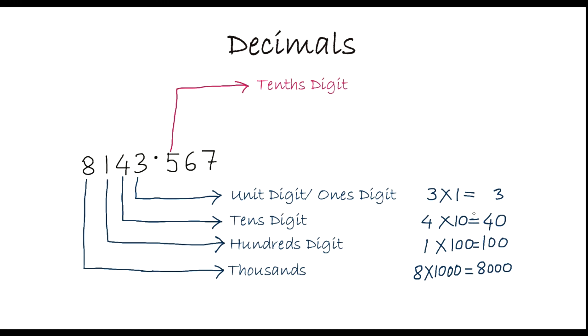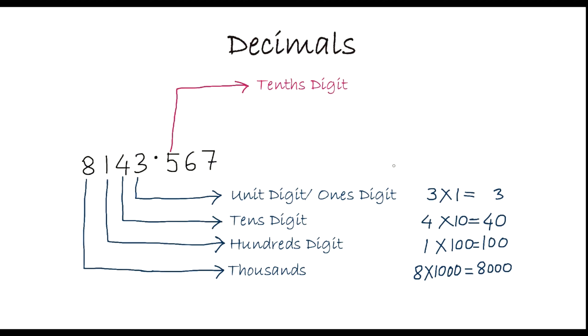Look here. Before the decimal point, the values were increasing by 10 times each time. First, we multiplied the digit by 1. The next digit was multiplied by 10. The next one by 100. The next one by 1000. So the values increased by 10 times.